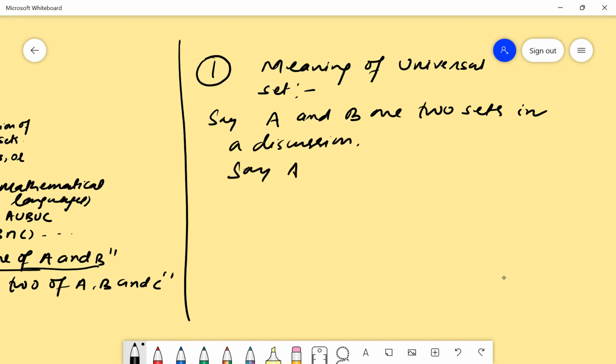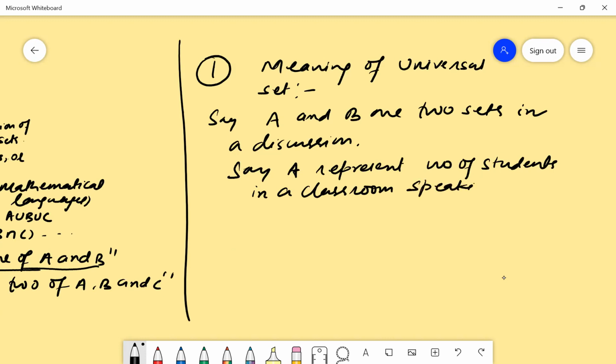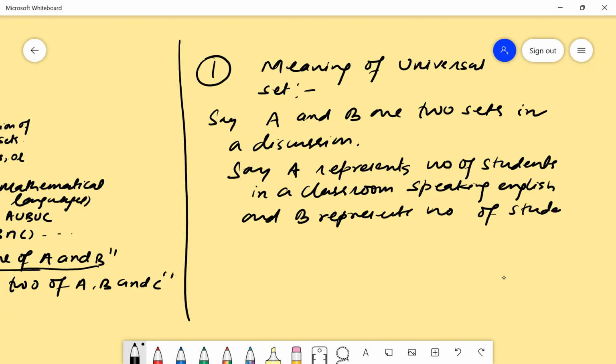Say A represents number of students in a classroom speaking English, and B represents number of students in a classroom speaking French.